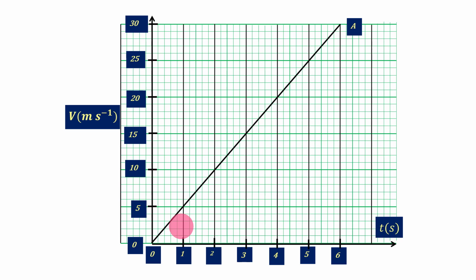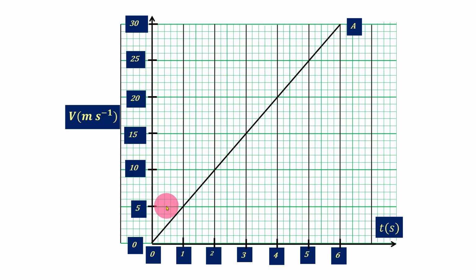What does that mean? It is increasing at a rate of 5 meters per second every second. So when the velocity of an object increases, that object is said to be accelerating.